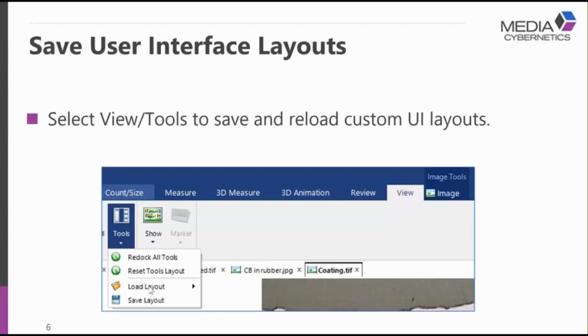You can move those dialog box areas and the measurement tables around to how you like to have those laid out, and also have either the main tabs or individual ribbons modified. You can save those layouts here and then recall them later.